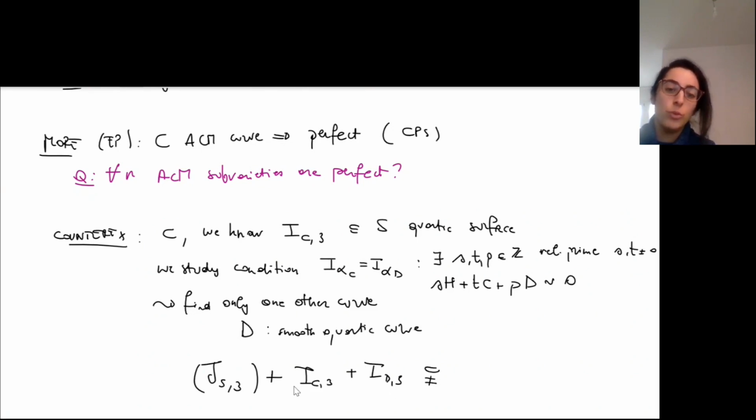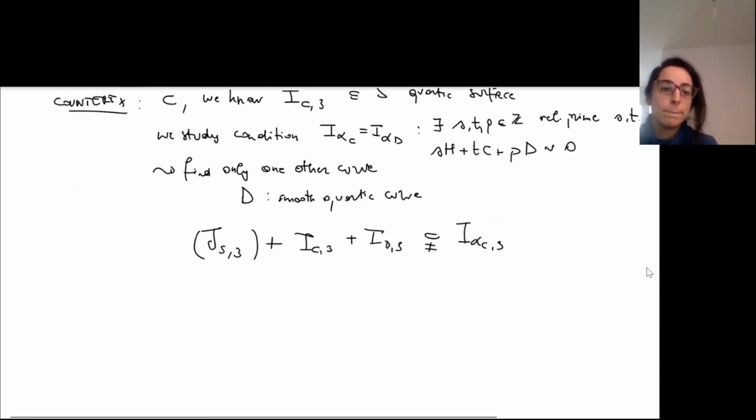And still we have no more because we have no more curves. We already counted all the things that we have to count, but still this is not enough, because we know exactly that the dimension of this is bigger. We can compute it. It's bigger than the sum of these things. So we found an example in this way.